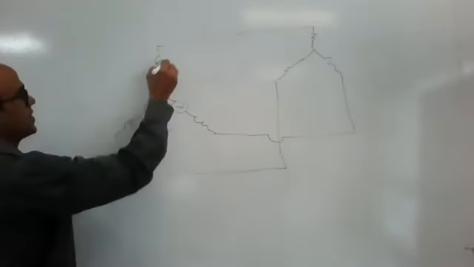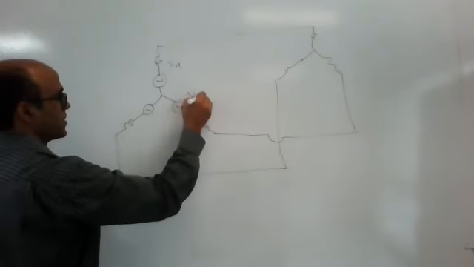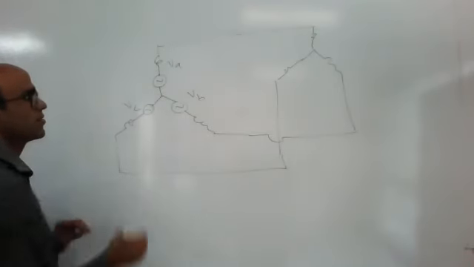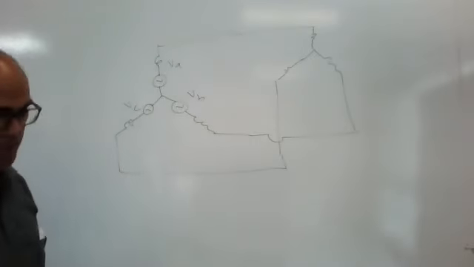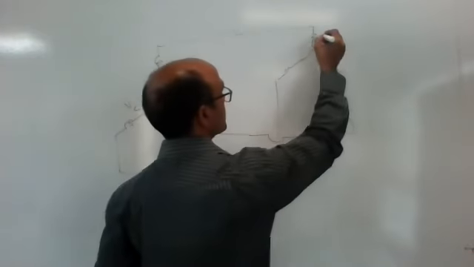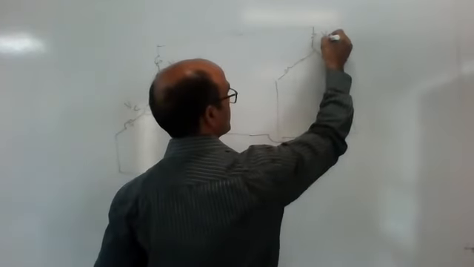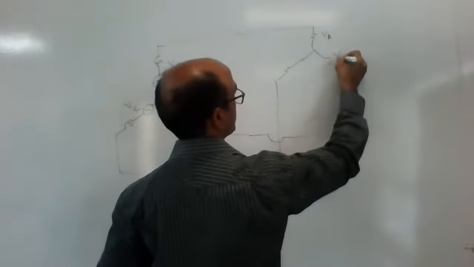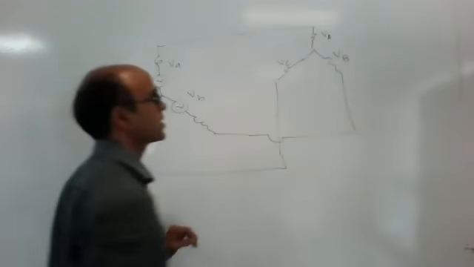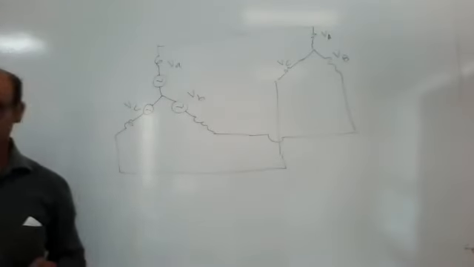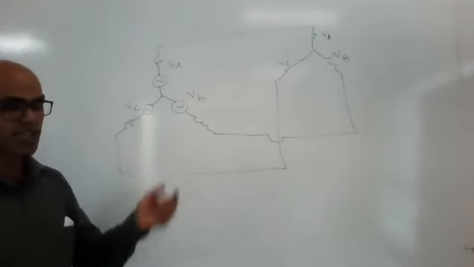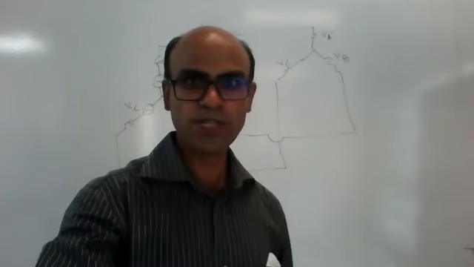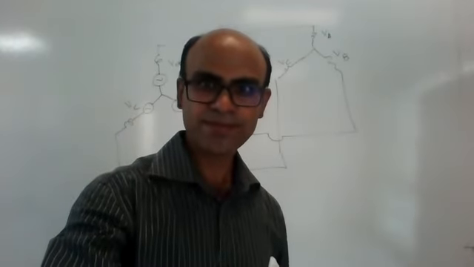This is the A voltage, B voltage, C voltage. So if you are writing KVL for this system, how many variables are you getting?